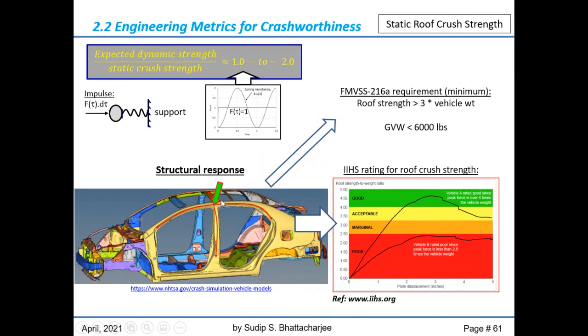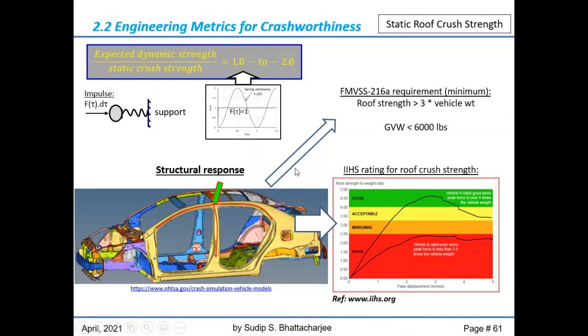So if I am statically measuring the strength of the vehicle at, say, 5,000 multiplied by 3, 15,000 pounds, that means dynamically the structure will be able to resist at least one time up to two times that measured static force. So the dynamic resistance capacity of the structure is more than the statically measured force.